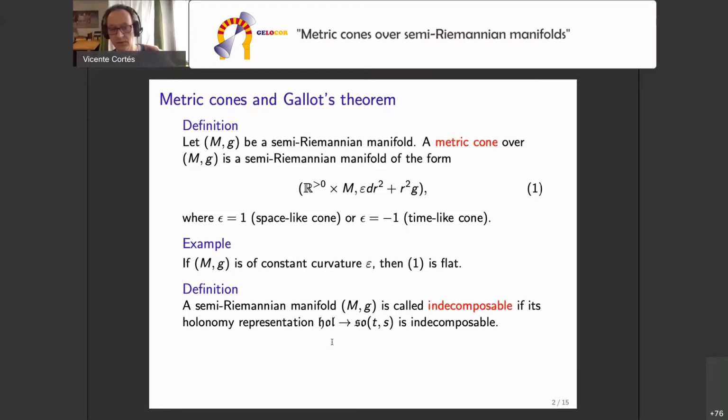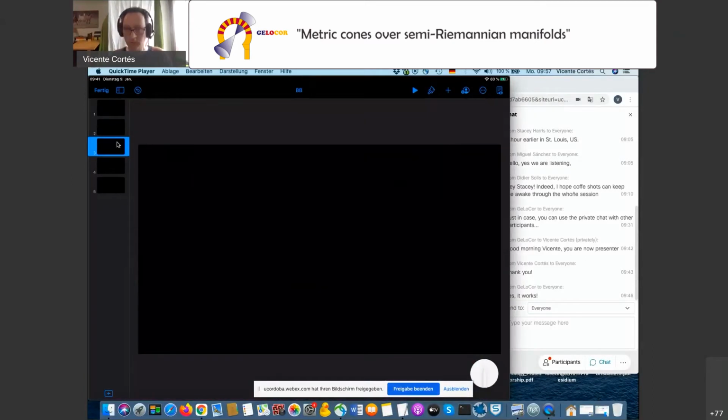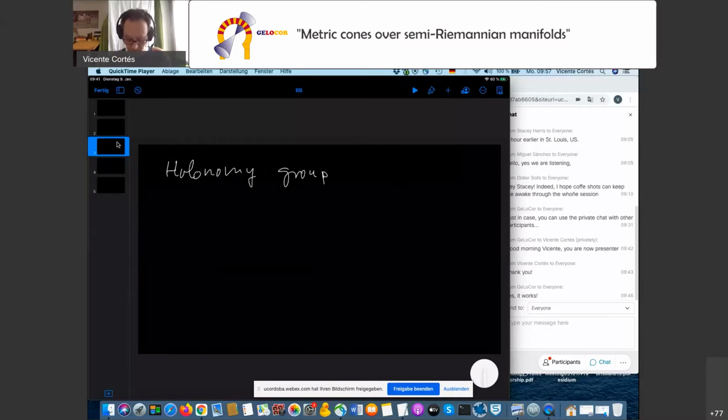I recall that the holonomy group, perhaps I use the blackboard here to show this. I briefly recall what the holonomy group of a pseudo-Riemannian manifold is. This group is obtained as follows. You have your manifold, you fix a point in the manifold.